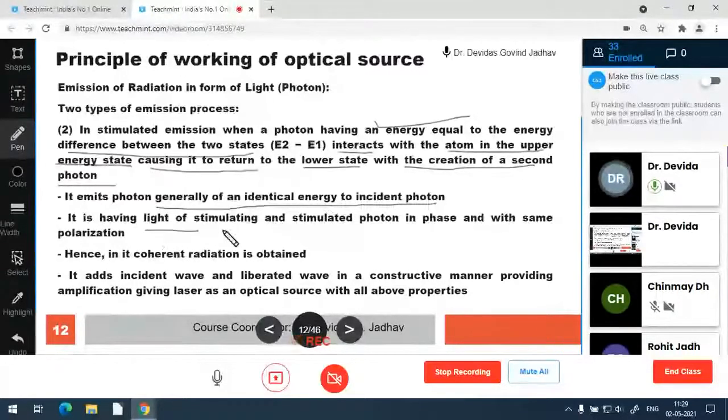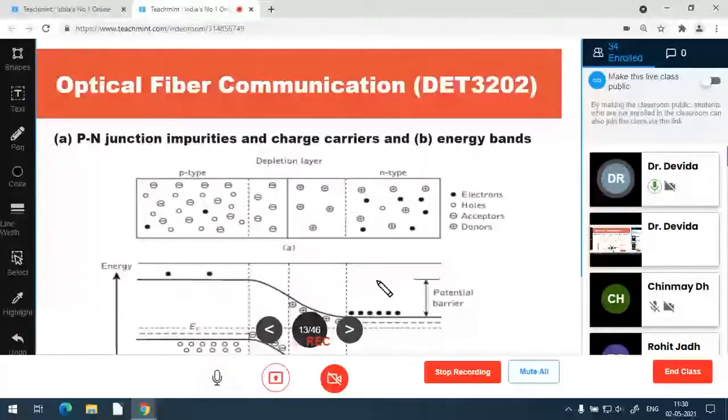The stimulating and stimulated photons are in phase and have the same polarization, hence it is coherent radiation. It adds the incident wave and the emitted wave in a constructive manner, and that provides the amplification, which gives the laser effect observed in laser sources: light amplification by stimulated emission of radiation.